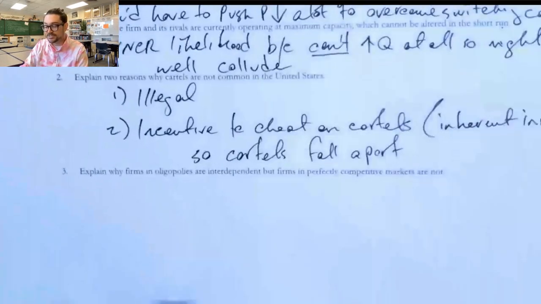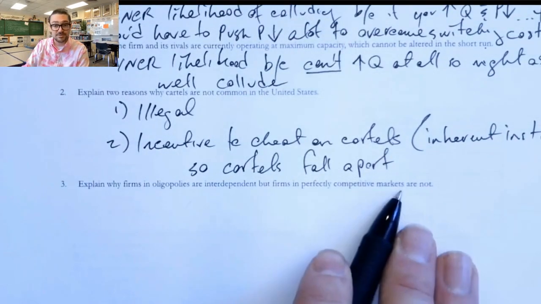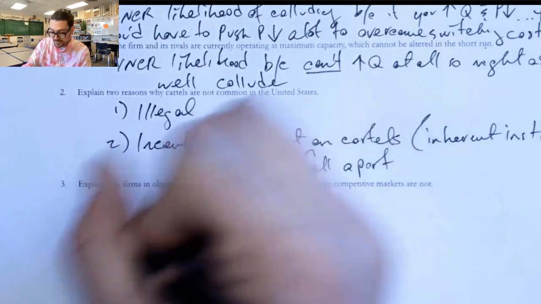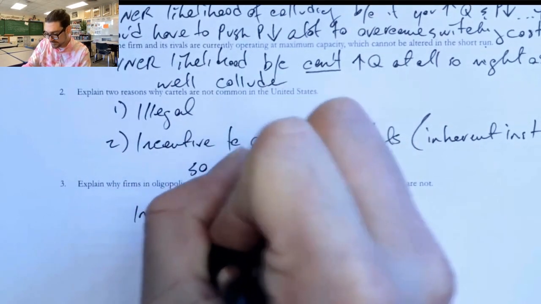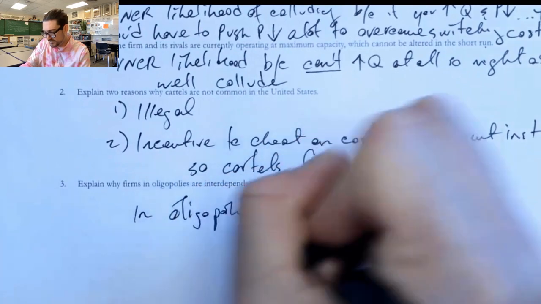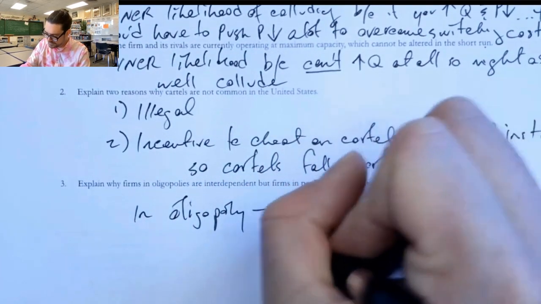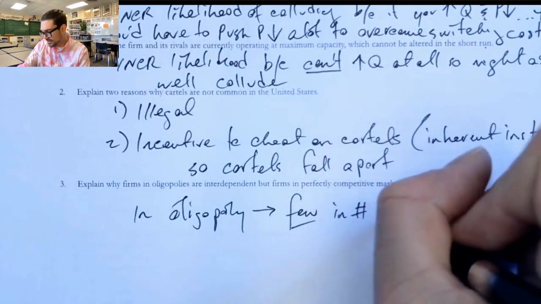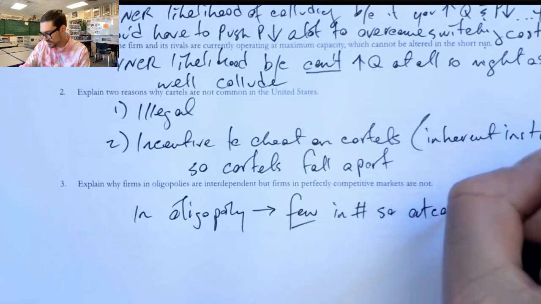Explain why firms in oligopolies are interdependent, but firms in perfectly competitive markets are not. Well, in oligopoly, we'd say few in number, so outcomes affect each other.